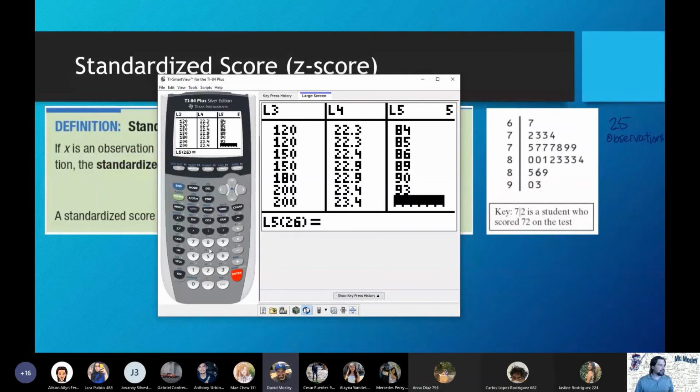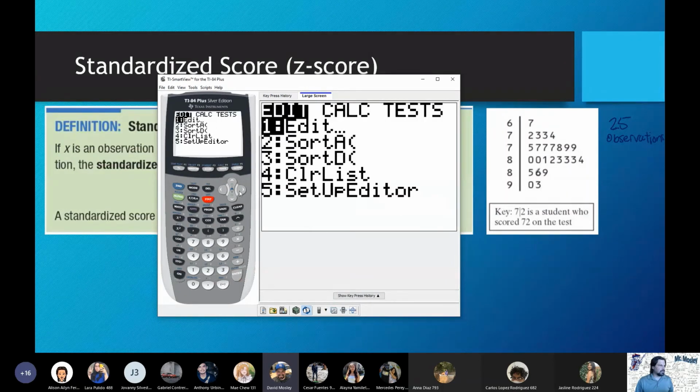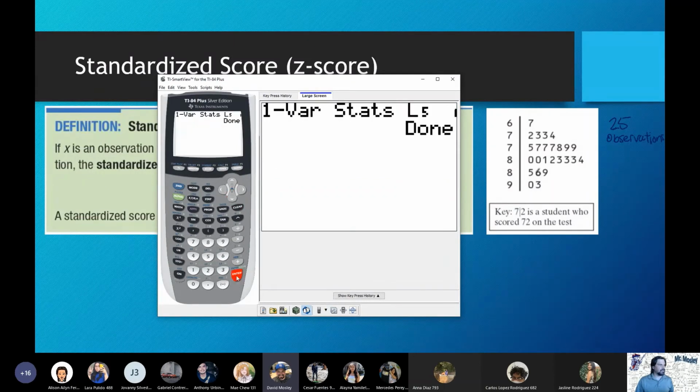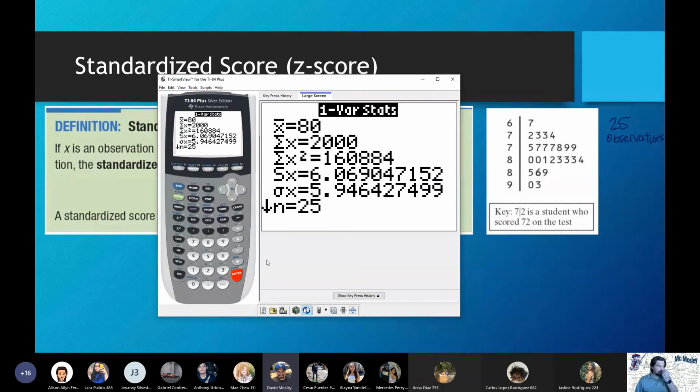Now we go back to STAT and hit CALC. I want one-variable statistics, not of list 2, but of list 5. We calculate. Excellent.